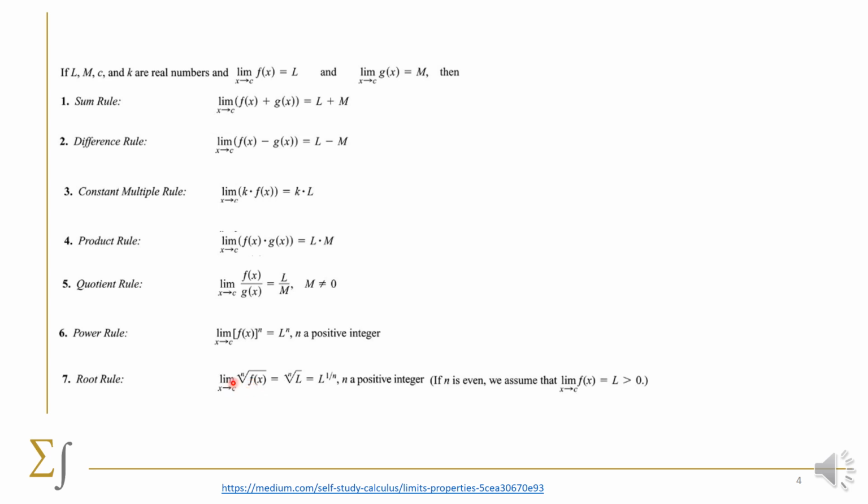So the limit of the nth root of f of x as x goes to c is equal to the nth root of the limit of f of x, which is equal to the nth root of L, which is equal to L to the power 1 over n. Again, we have to make sure that if n is an even number, what's under the root has to be greater than or equal to 0.